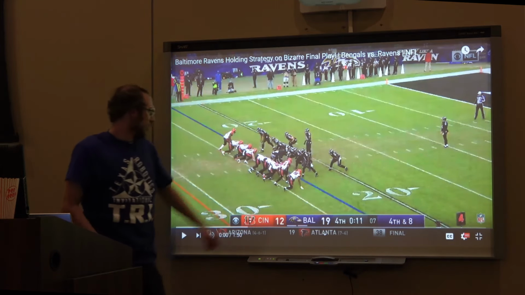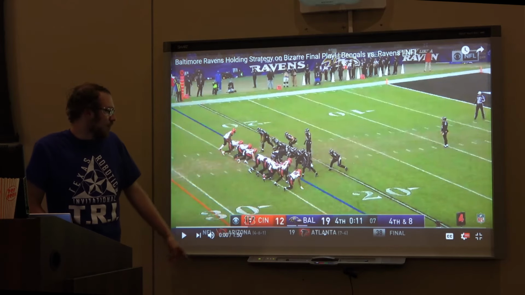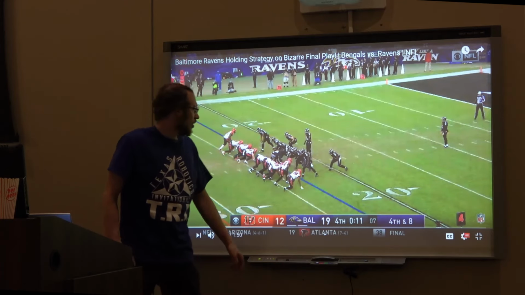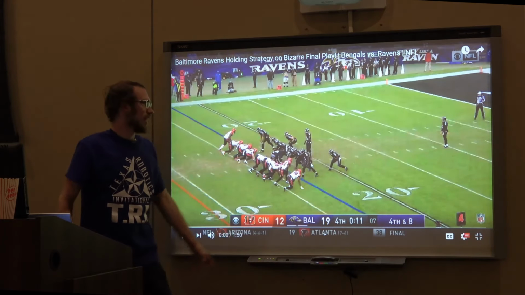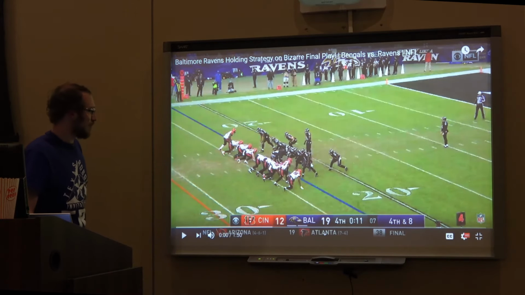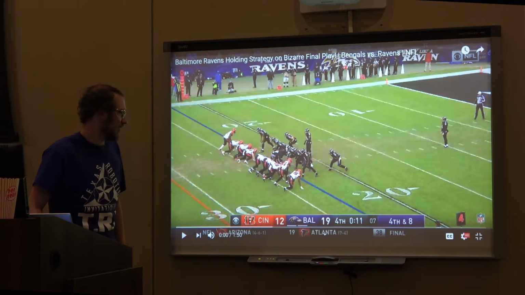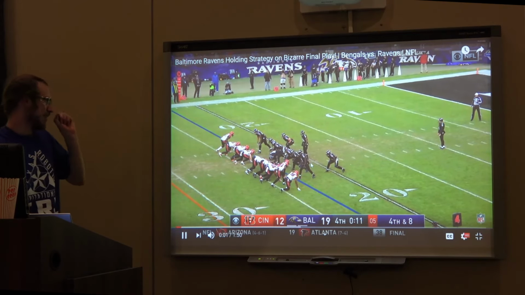Baltimore in the dark colors over here is up by 1 touchdown, and it's 4th down. So you're thinking the standard, average strategy here is to just pump the ball downfield. But the Ravens do something a little bit different here. Let's watch that, and we can talk about what exactly happens.